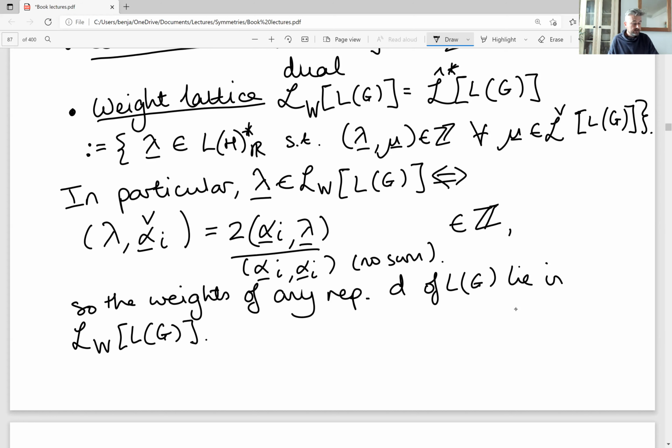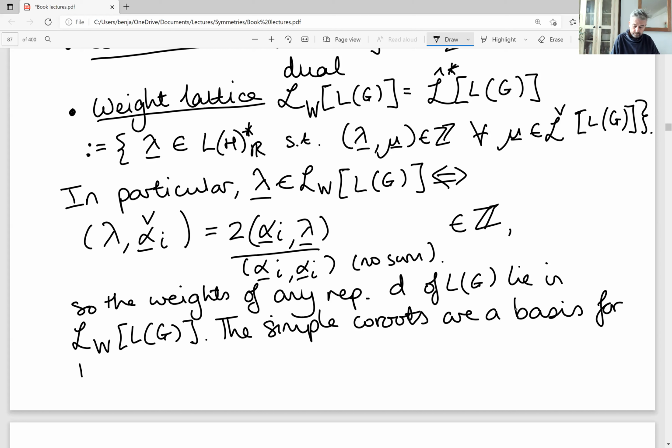And the simple co-roots are a basis for the co-root lattice. So we have a dual basis for the weight lattice.